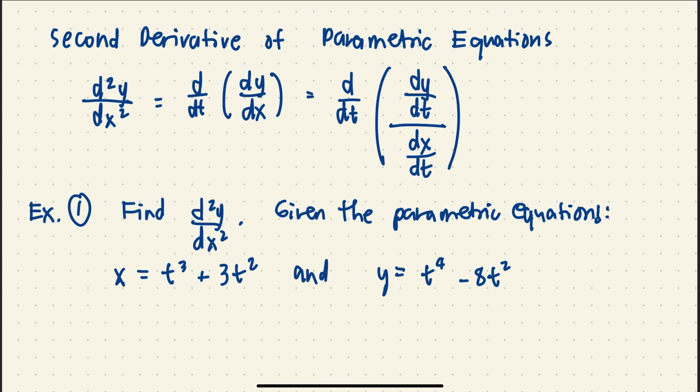Before we continue, there is a missing factor. You have dx over dt. There we go.